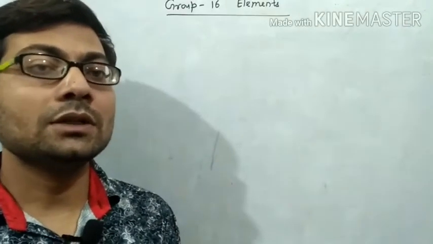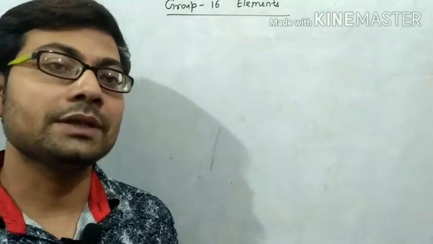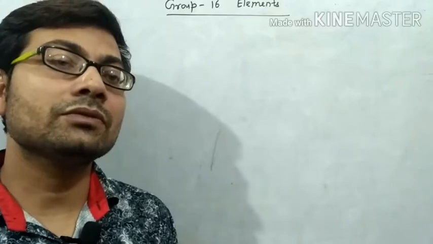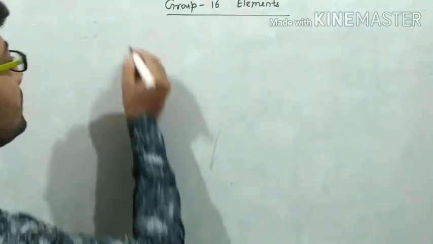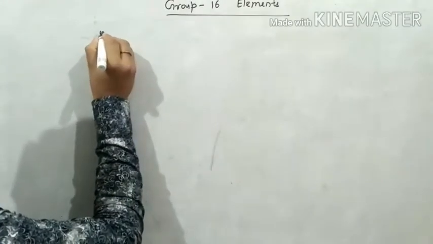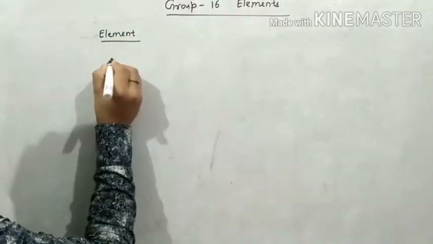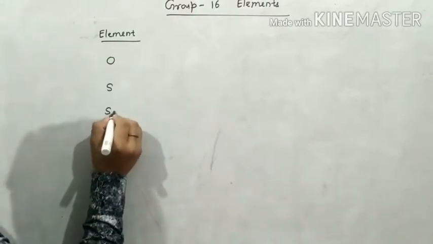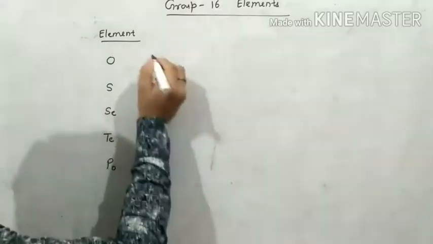Today I will start the group 16 elements, which is part of the P block elements. As you know, group 16 includes the following elements: oxygen, sulfur, selenium, tellurium and polonium.